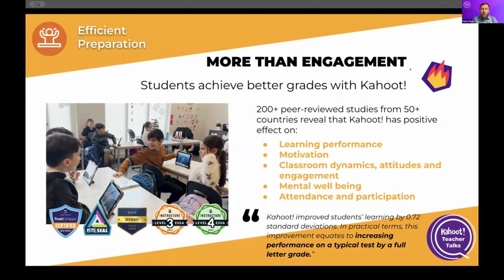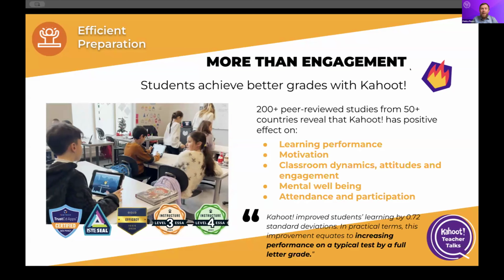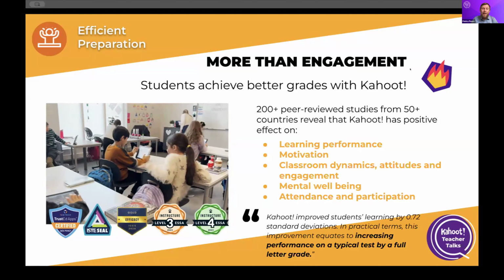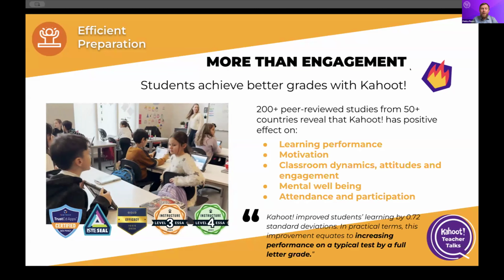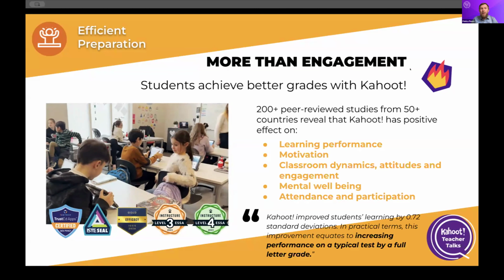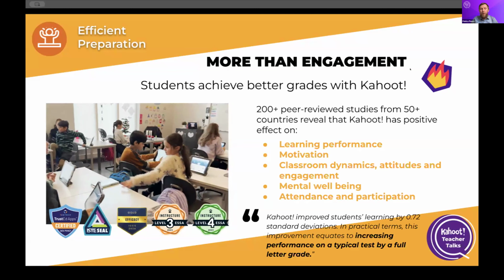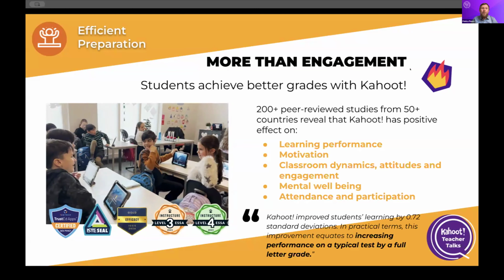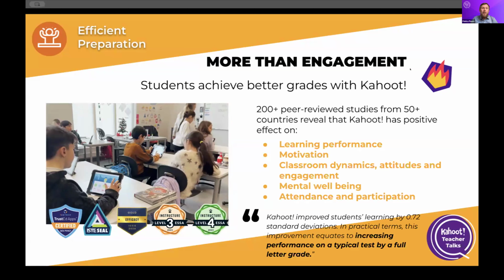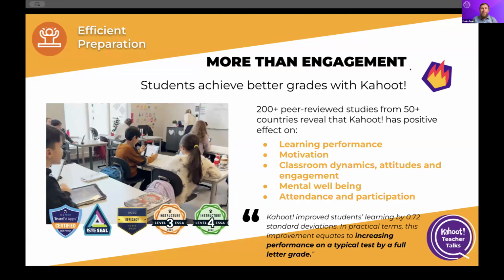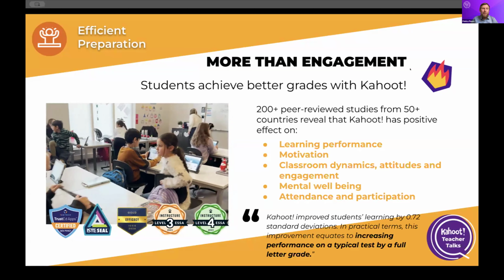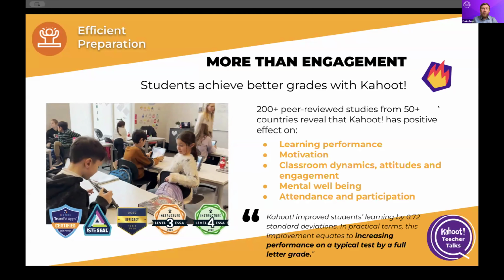As the quote at the bottom says, the finding in both meta-analyses was that Kahoot increases student learning, or performance on a typical test, by a full letter grade. So it is a significant positive effect on learning performance alone.